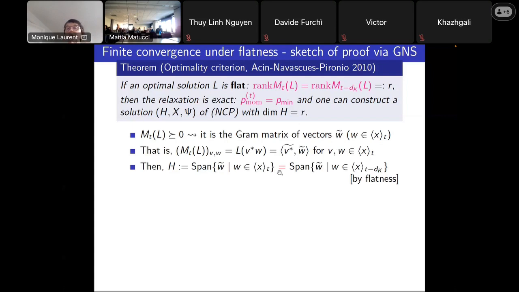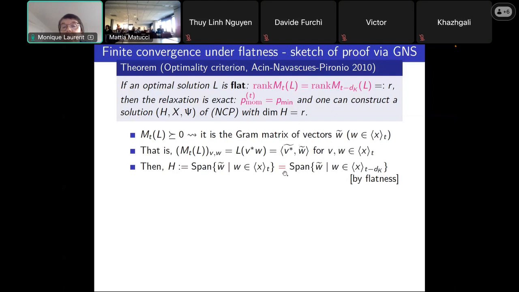And now we use flatness. So what does the flatness say? It says that the rank stays the same when you look at the principal submatrix indexed by the words up to degree t minus d. So this means that this vector space H can also be described as the span of the vectors w tilde associated to these lower degree words.